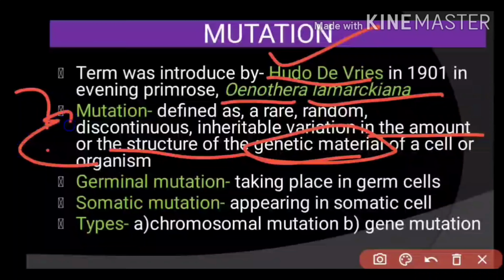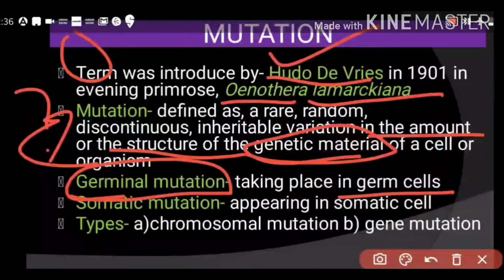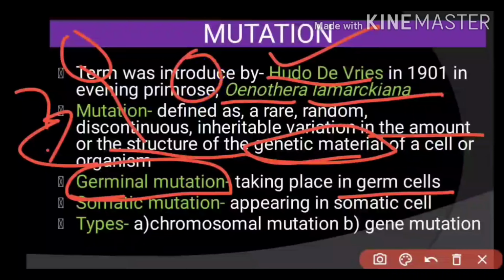Now if mutation is taking place in the germ cell, then we call it a germinal mutation. Germ cells like your sperm cells or egg cells, if it is taking place in such cells, then it leads to germinal mutation. And if it is taking place in somatic cells, the rest of the body cells besides the sex cells, then we call it a somatic mutation.